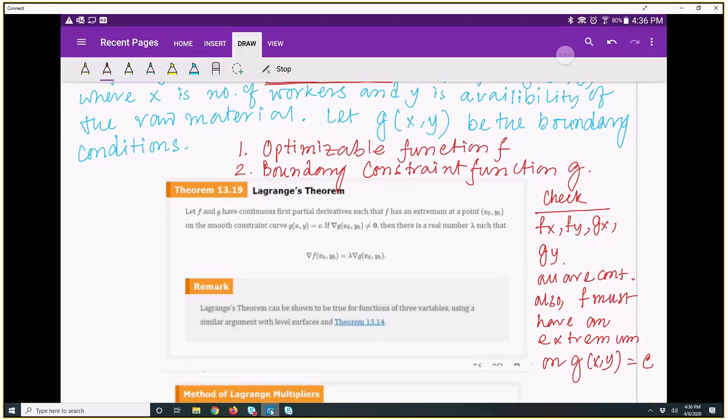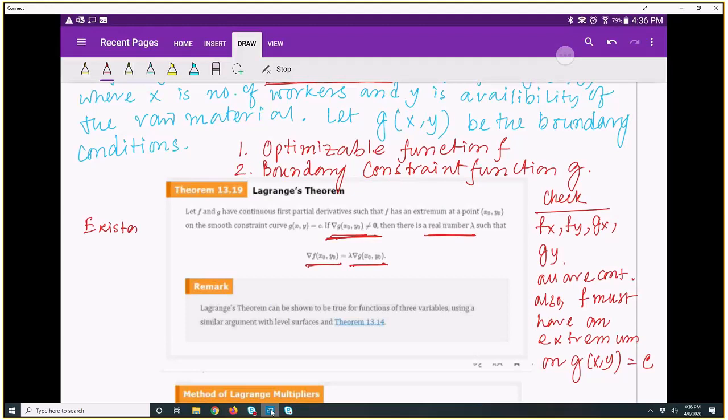Once I have made sure of that, then Lagrange theorem tells me if the gradient of g at (x naught, y naught) is not equal to 0, then there exists a real number lambda such that the gradient of f at (x naught, y naught) is equal to lambda times the gradient of g at (x naught, y naught). So this theorem is an existential theorem.